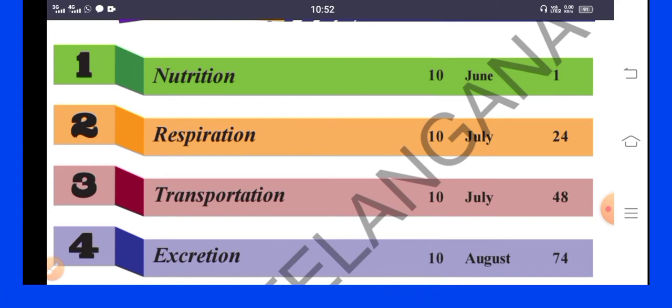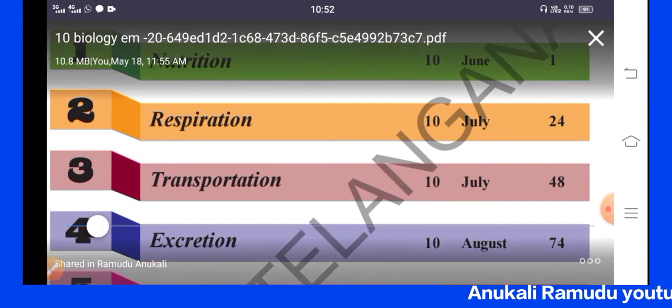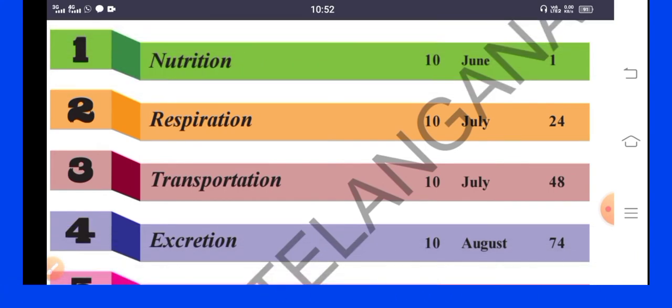Respiration means the oxidation or breakdown of the food material in the presence of oxygen. In respiration we have two types: aerobic respiration and anaerobic respiration.